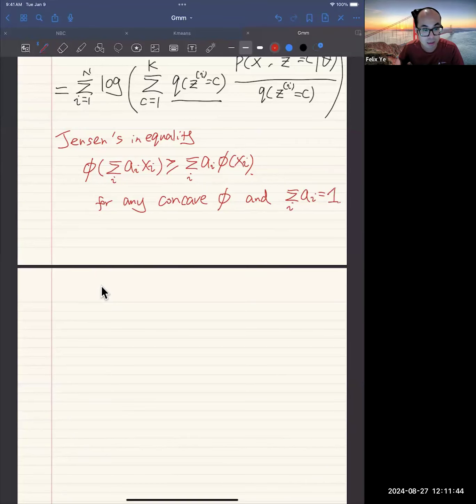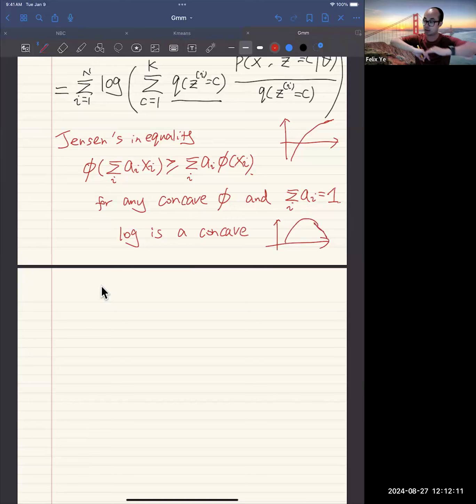All right, so log is a concave function. If we think about this log function right here, it looks like this, right? What does a concave function look like? It looks like a single cap, a top concave function.